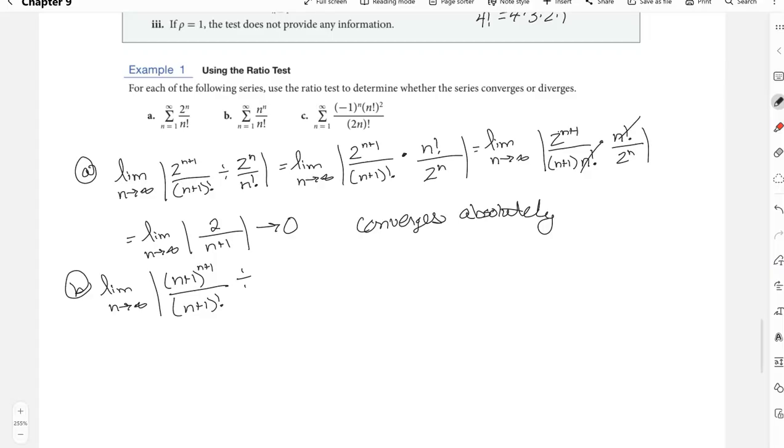Divide by the original, n to the n over n factorial. Limit as n goes to infinity. When I divide fractions, I do keep change flip. Times n factorial over n to the n.